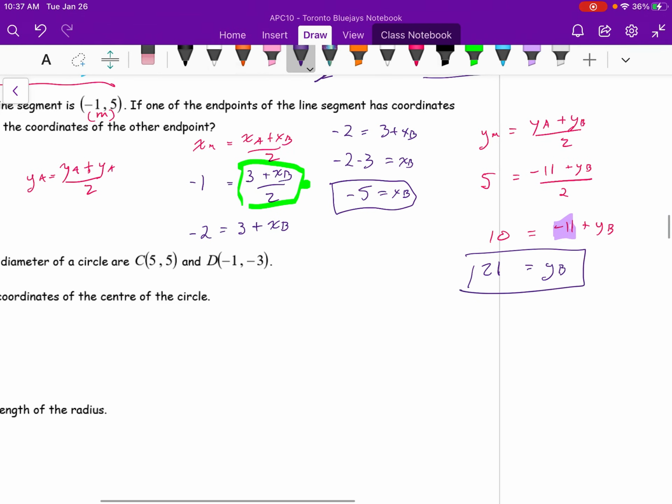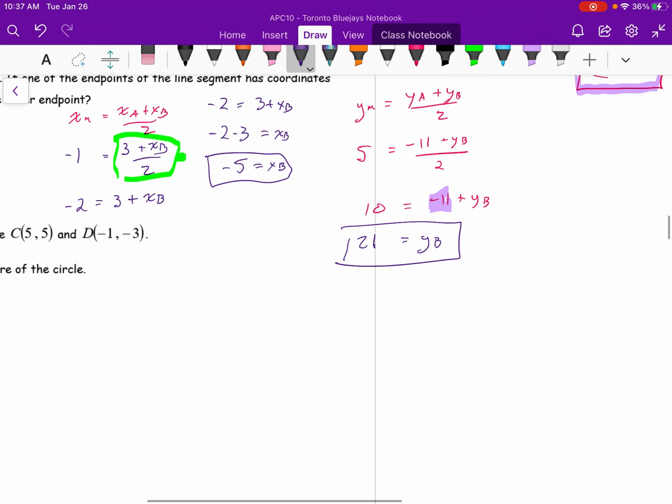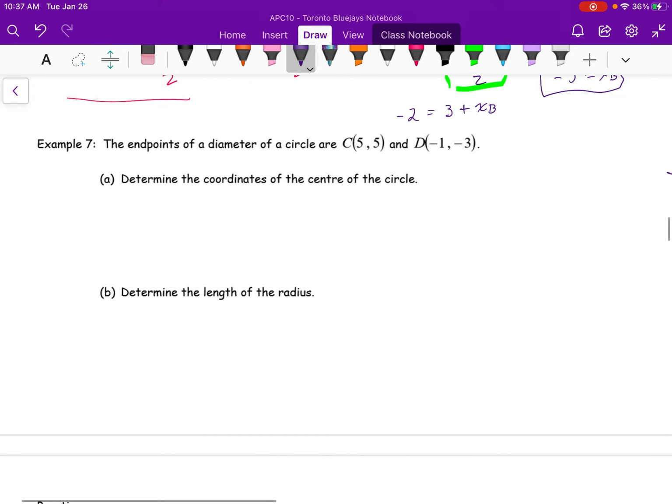Here's my y-coordinate for the point B. So my other endpoint, B, will have coordinates (5, 21). All right.